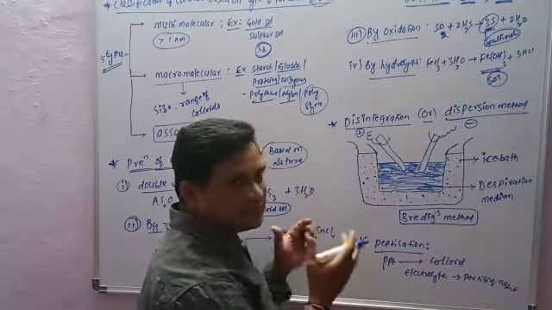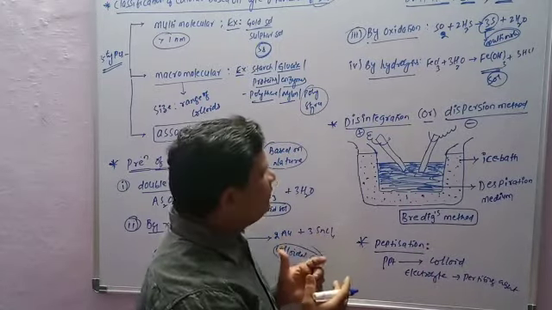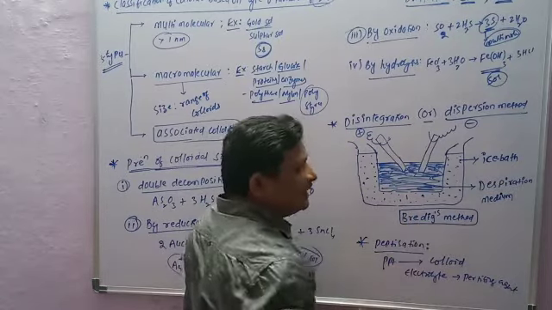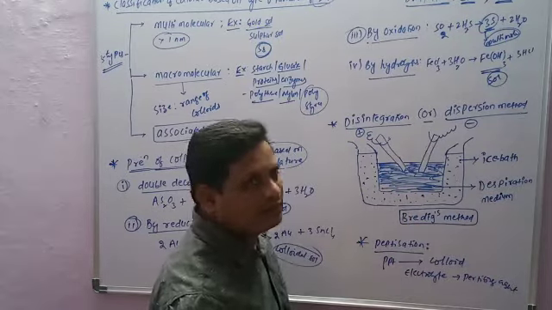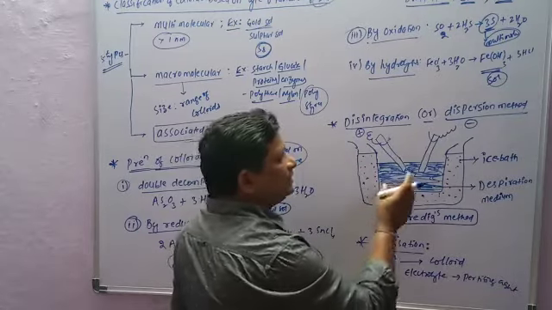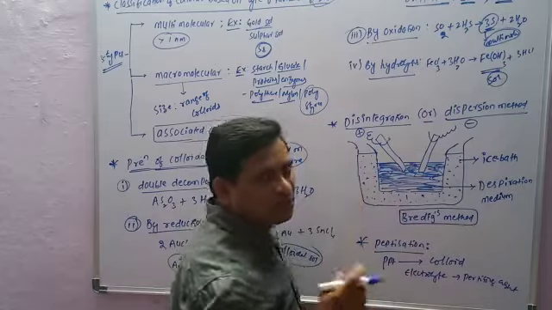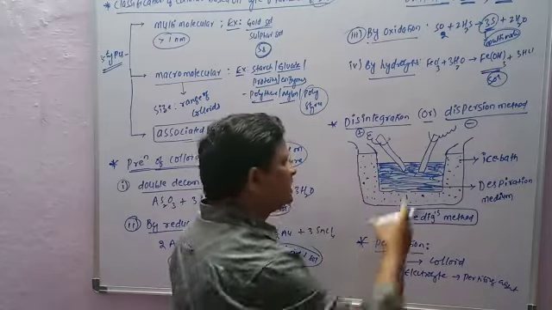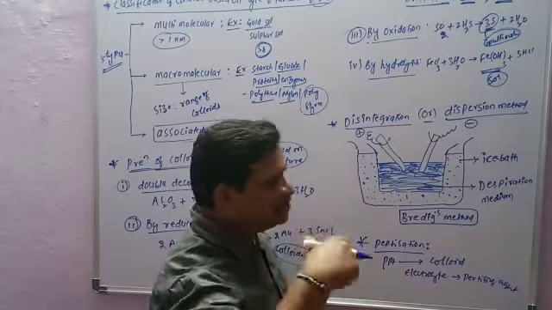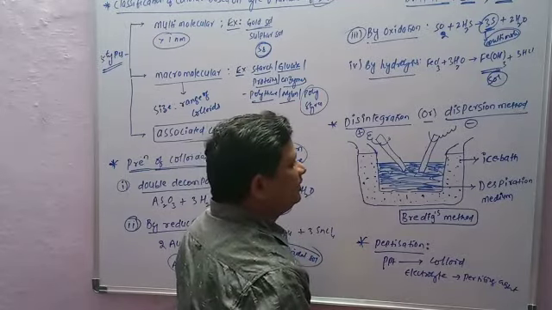This experimental arrangement is known as Bredig's method. What is Bredig's method? In this method, first consider a vessel, then the dispersion medium is taken in the vessel, then two electrodes are introduced into the dispersion medium.